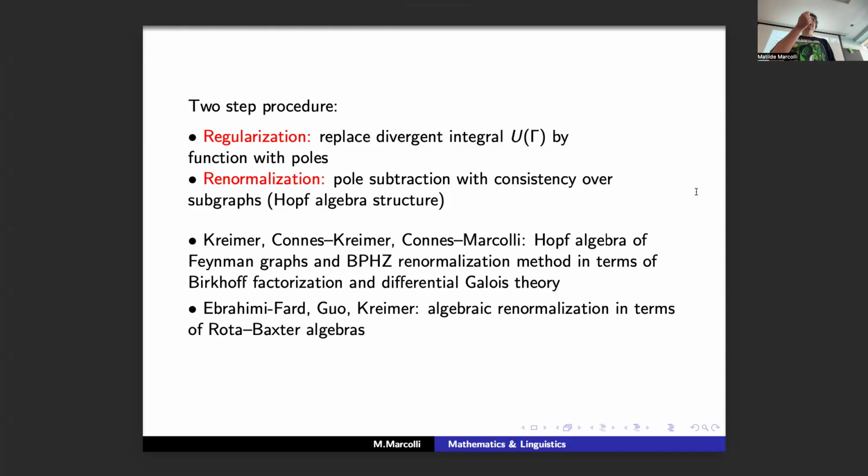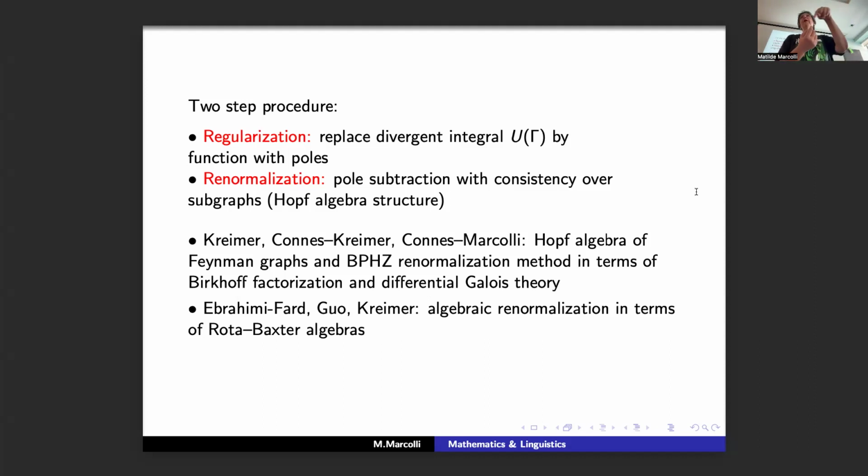But you can fit this integral inside a family that depends on some parameters. If you can do it in such a way that the divergence of the integral corresponds to your function of those parameters having a singularity, like a pole at some particular value, but being well defined elsewhere, then you can attribute the divergence to the fact that you were hitting a pole of a function.